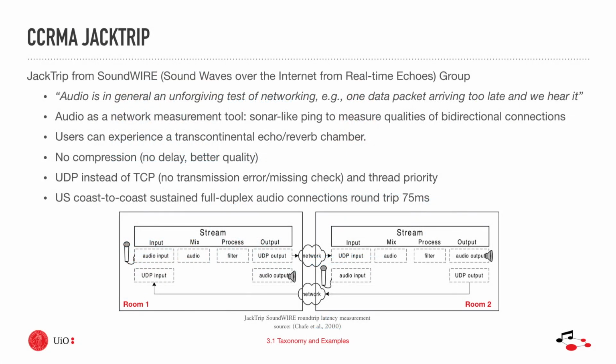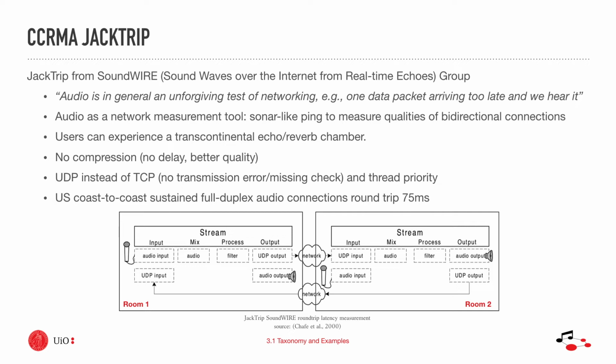JackTrip from CCRMA at Stanford was probably the first of its kind. It was developed by the SoundWIRE group, where SoundWIRE stands for Sound Waves over the Internet for Real-Time Echoes. The 2 key ideas were to use uncompressed audio, so no delay for compression and decompression, and overall better quality, and using UDP protocol instead of the traditional TCP.